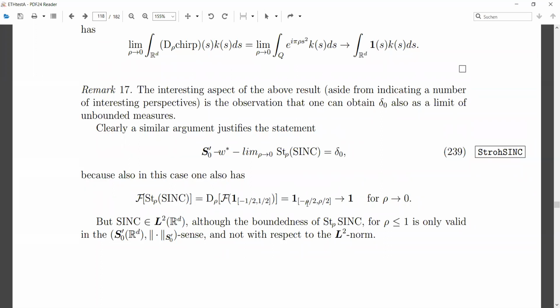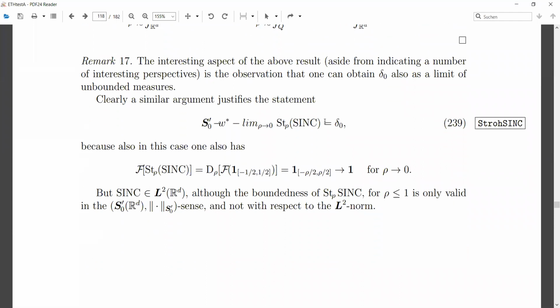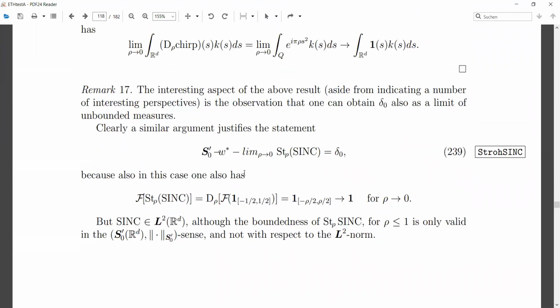It should be the interval, which is bigger and bigger. And finally, for a compactly supported function, for rho small enough, that interval rectangular function will be big enough so it's really equal. So the limit is constant 1. And now this is also one of the arguments why we should have this uniform boundedness.